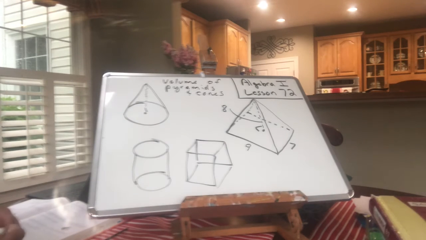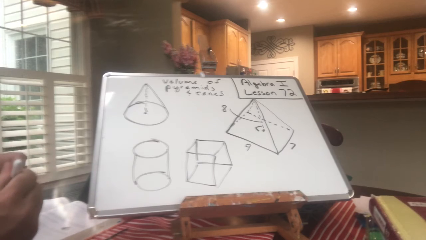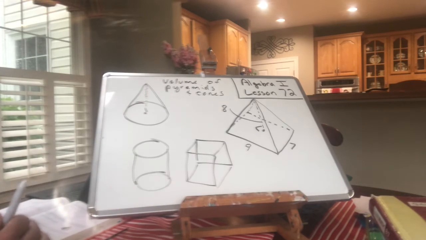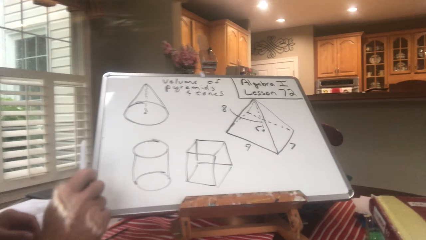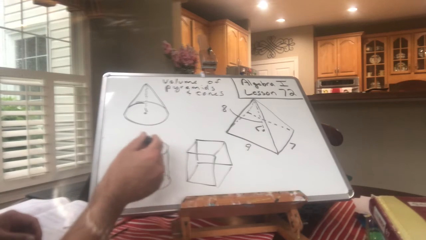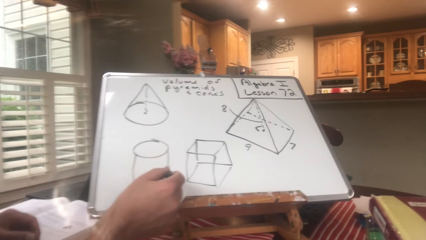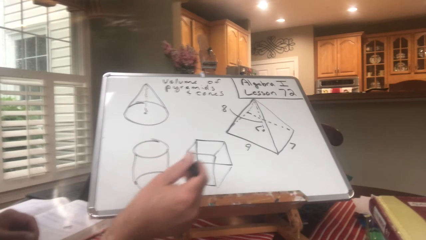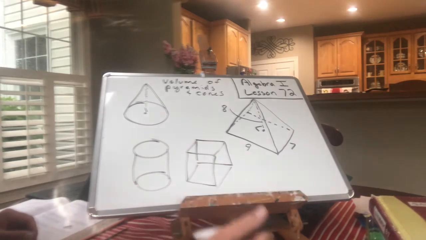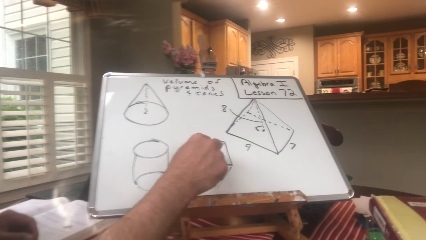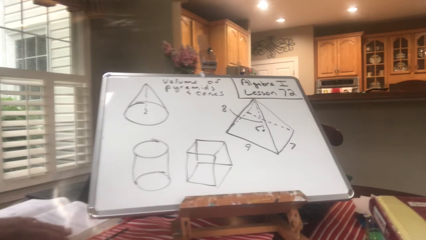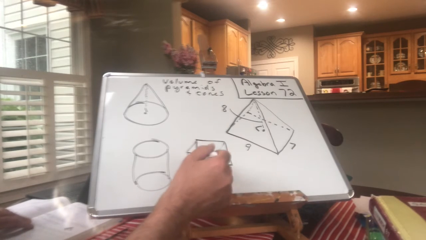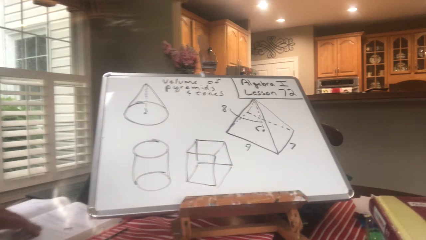Okay, so we know what a cone looks like. If you had an ice cream cone, we know what a pyramid looks like. If a cone came out of a cylinder, this has an equal base, it has an equal top, right? Same thing with a rectangular prism, it has a base and a top that are also equal, except they also have sides that are equal.